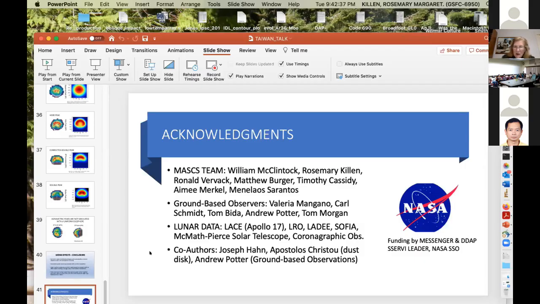Also, Jamey Szalay published really nice papers showing that the impact vaporization at the Moon is centered between 6 a.m. and say 9 a.m., depending on the exact time of year, because that's where your ram direction is between the Moon and the interplanetary medium. So that's a whole area of study in itself. It's very interesting.